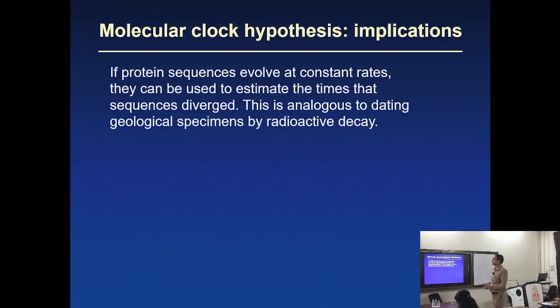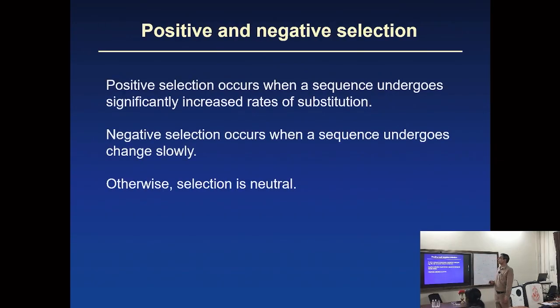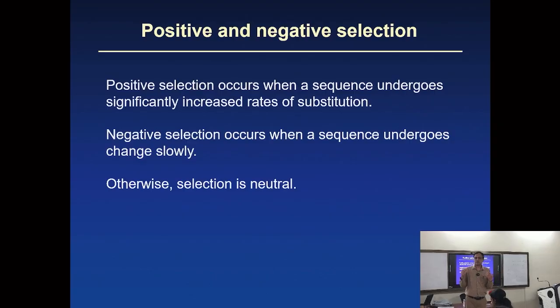Okay, so next. Positive selection and negative selection. Positive selection occurs when sequences undergo a significantly higher rate of substitution, which means that there is a need of a new trait for the organism. So rapid evolution is selected because it may confer new traits.